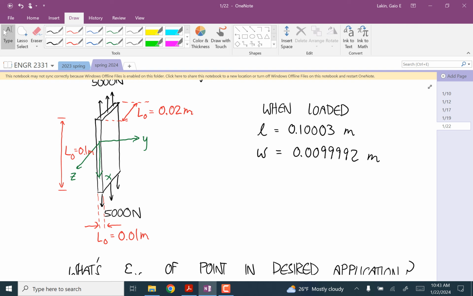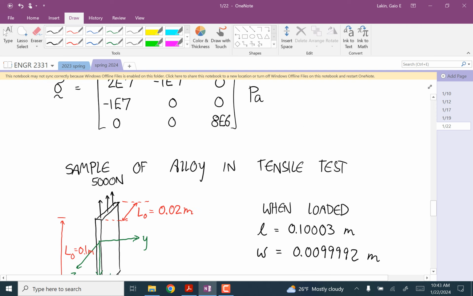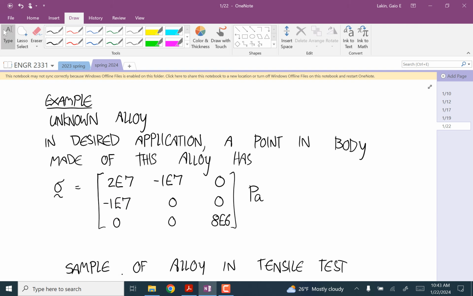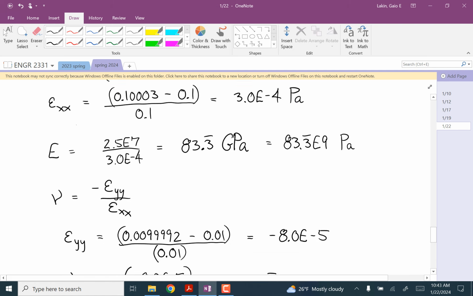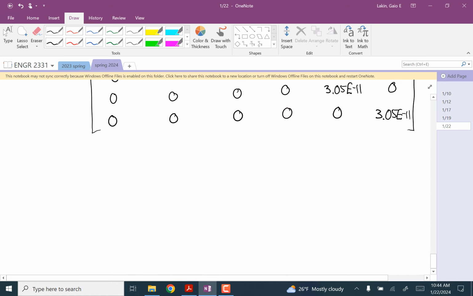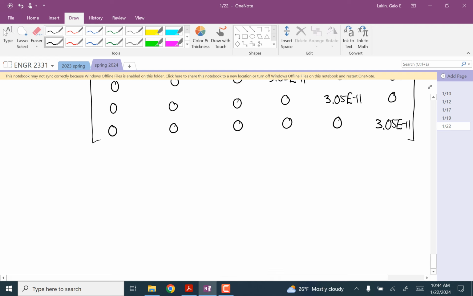And you know that at one point, the stress tensor is this thing that's given. How do you know what the strain is at that point? Multiply it by the compliance matrix. And so the Voigt strain is equal to that compliance matrix times the Voigt form of that stress in the application.